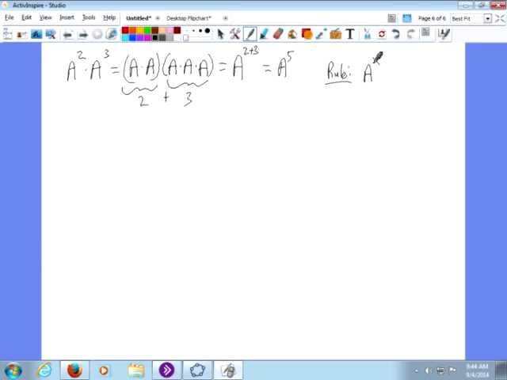And so that's going to give me a rule: a to the x times a to the y will equal a to the x plus y for all x and y. We figure out what works for whole numbers, and we declare that to be what works for everything.